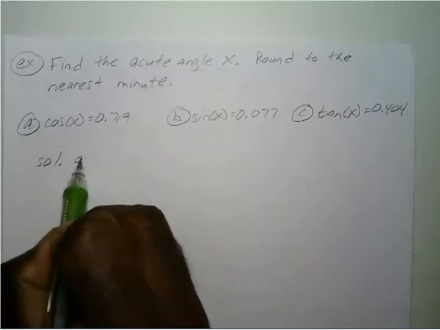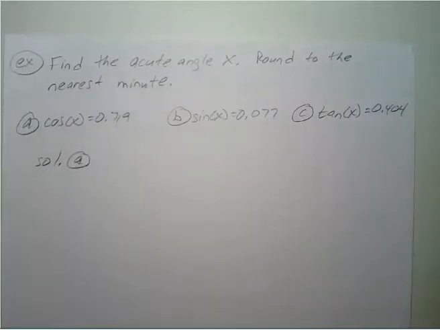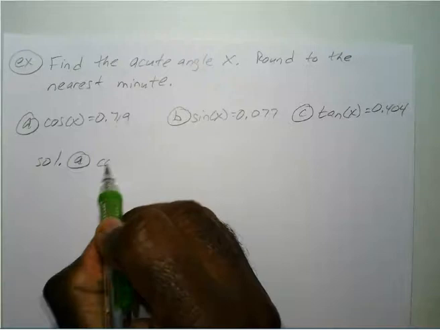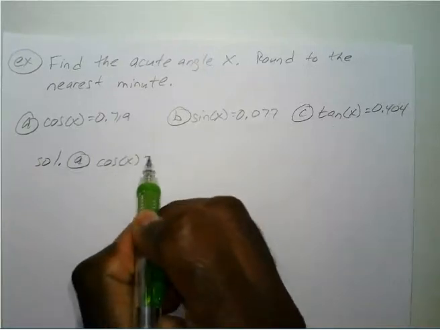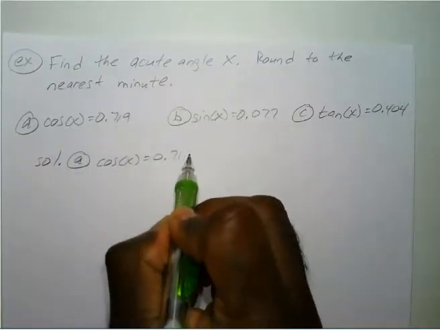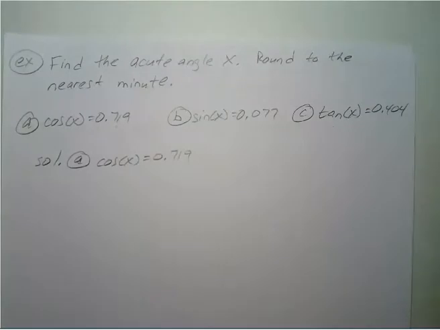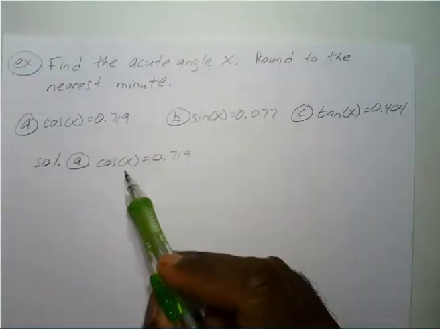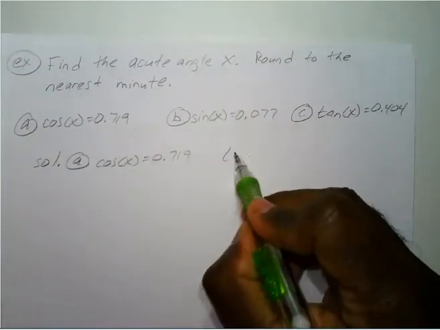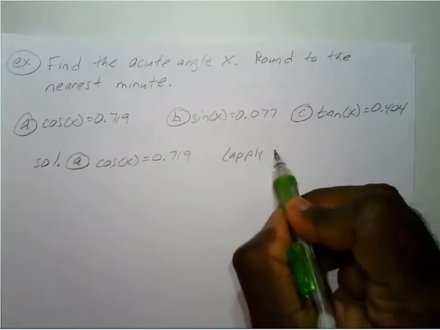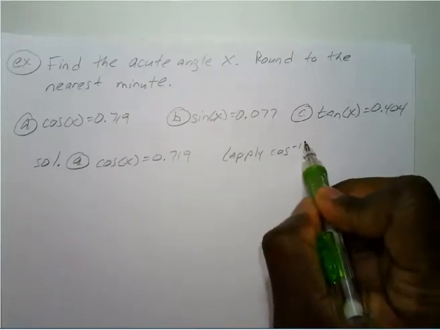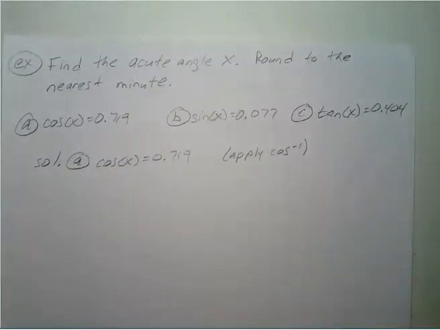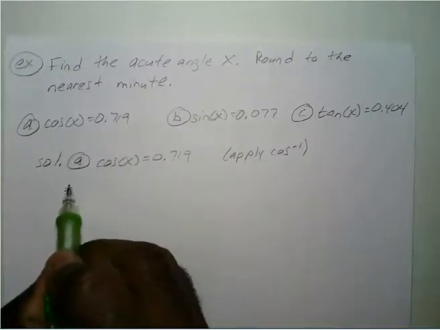Okay, so for A, you have cosine of x equals 0.719. So we want to solve for our angle x, so we apply cosine inverse to both sides. So what does that do?